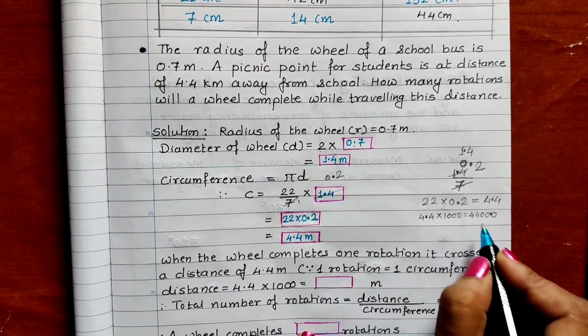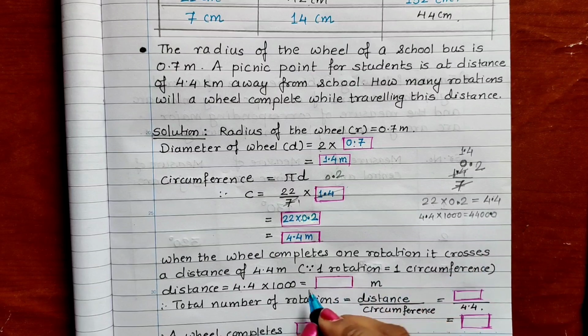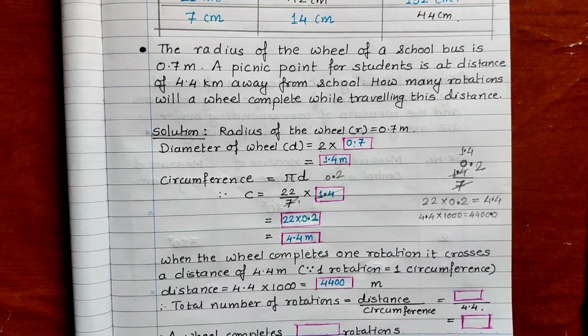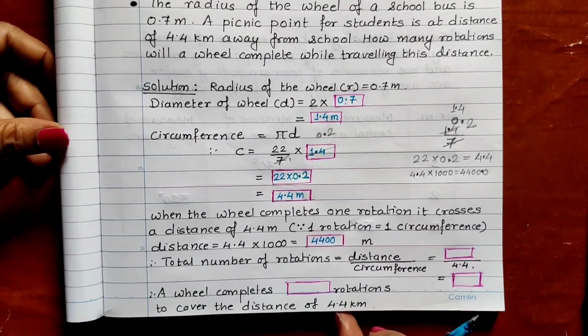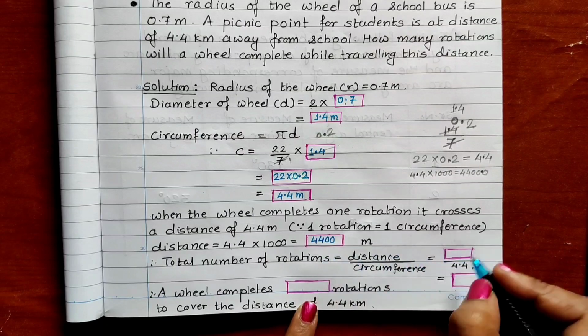So answer is 4400 only. We will not write this decimal point as well as this 0. 4400 meter. Okay. Now total number of rotations we have to find out. So distance upon circumference. Distance, how much did we get?